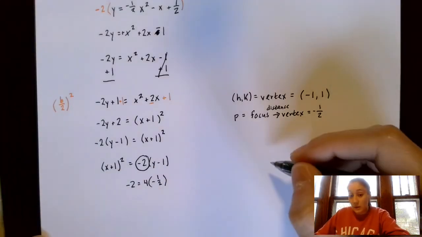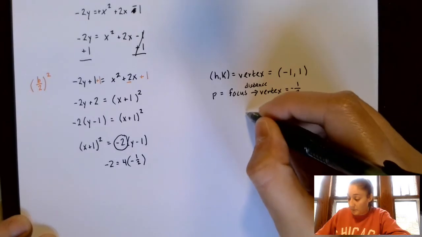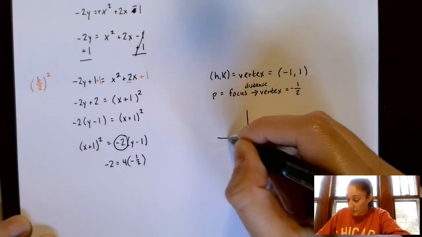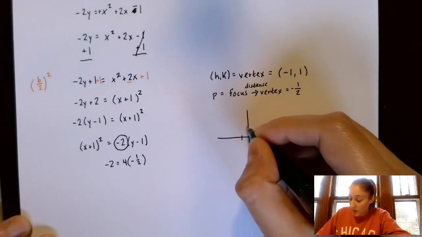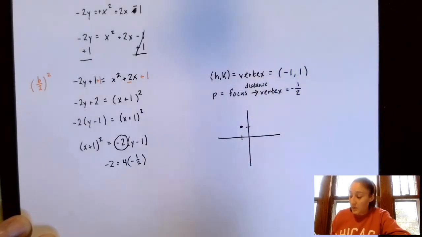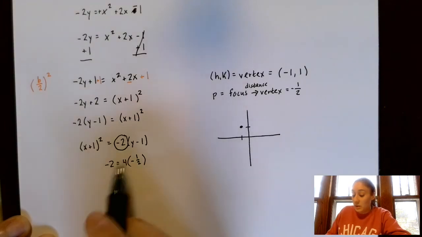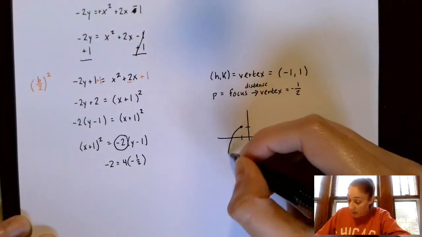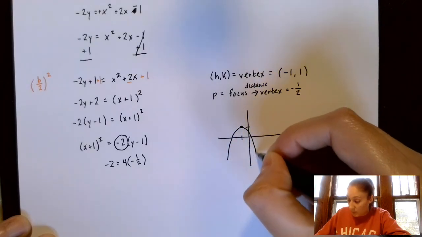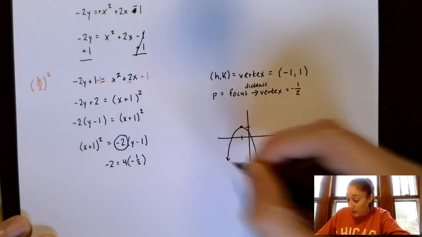So let me give you a little bit of a drawing here. Okay, so the vertex is at negative 1, positive 1. Alright, now this parabola is either going to open up or down, and hopefully you see a negative and think down. Okay, and that would be correct. Alright, so I'm just going to pretend that this parabola opens this wide.